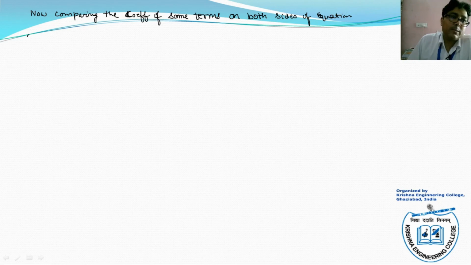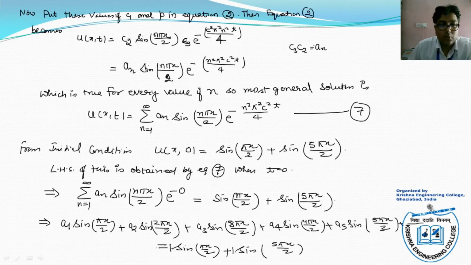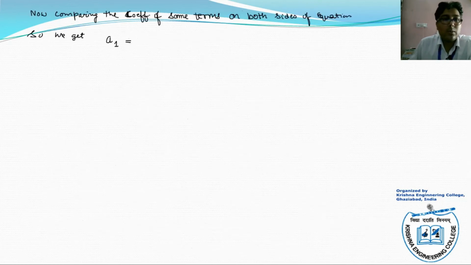So we get, from this equation, the coefficient of sine pi x by 2 on LHS is a1 and on RHS is 1. So the value of a1 is equal to 1.